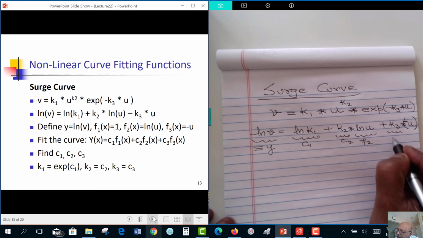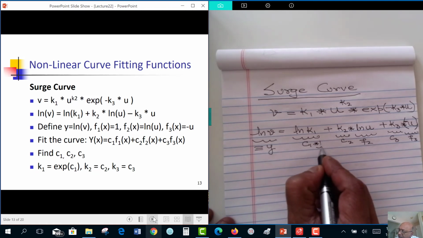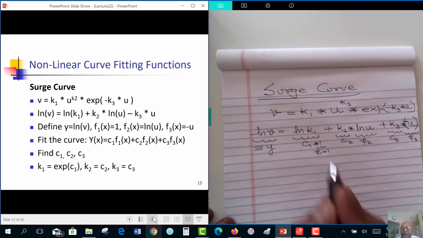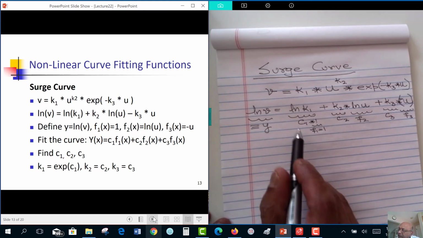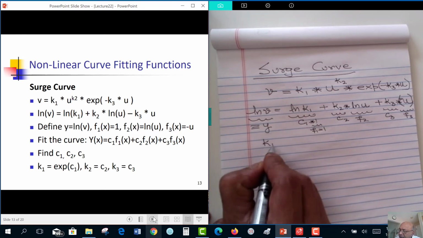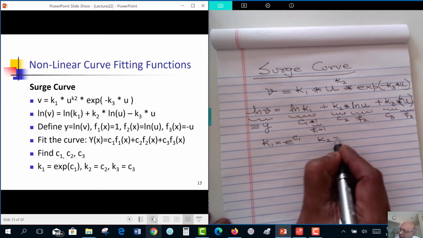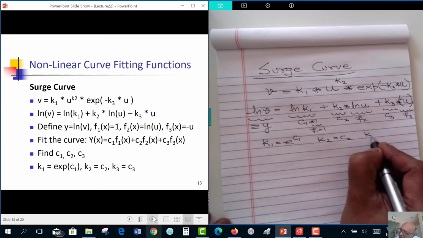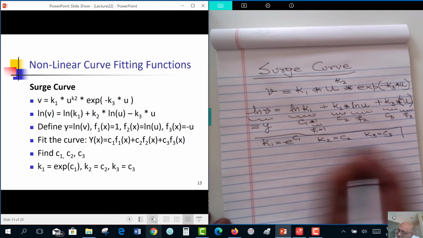So this we'll call C3 and this is our F3. Of course, F1 is equal to 1. So once we find C1, C2, C3, we will know K1 is e to the C1, K2 is just C2, and K3 is just C3, right?